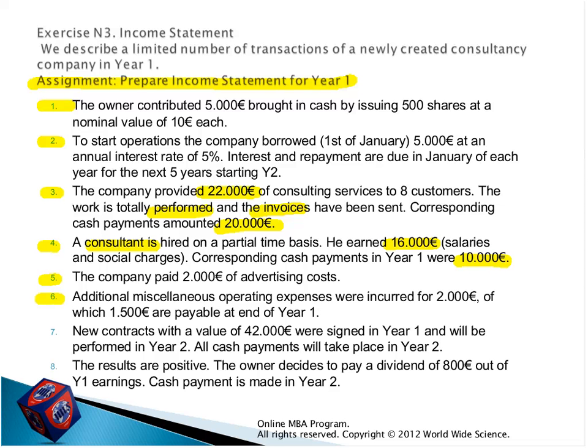So here, it seems that this is the same as the accrual expenses because the expense was already incurred, right? We have already made the expense, but we haven't paid the full amount yet. We are going to pay at the end of the year only 1,500.